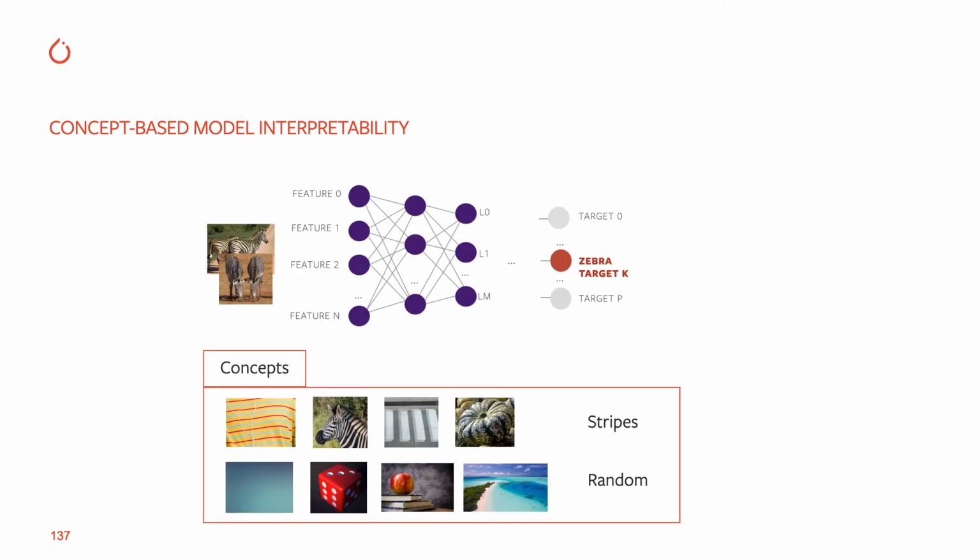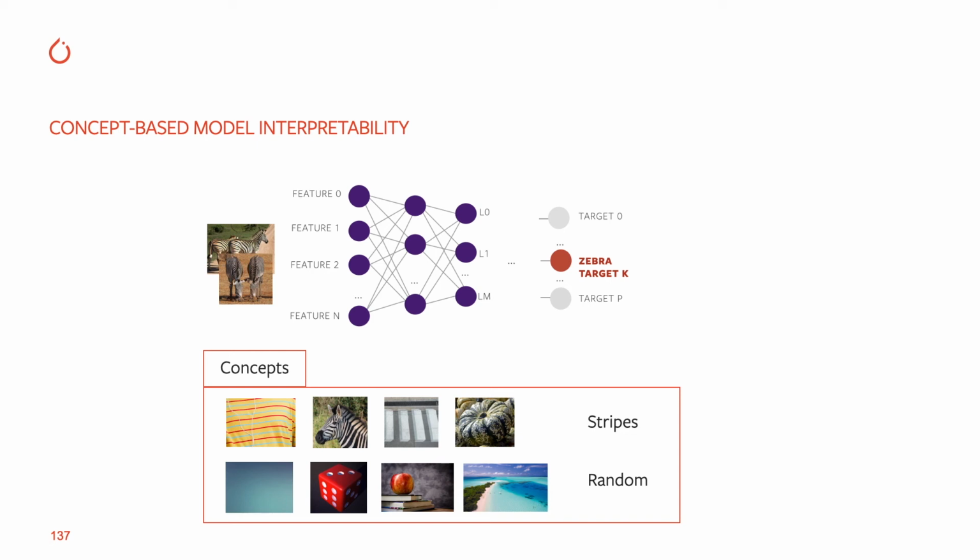Now let's assume that we are given a number of zebra images and a predefined model that predicts what animal is depicted on the picture. Let's assume that when we perform prediction on the zebra images, our model most of the time is able to correctly predict zebras.